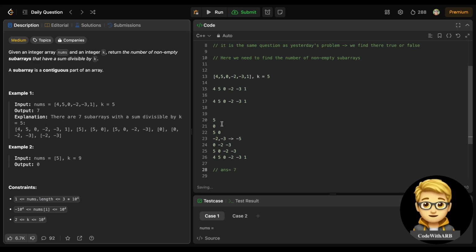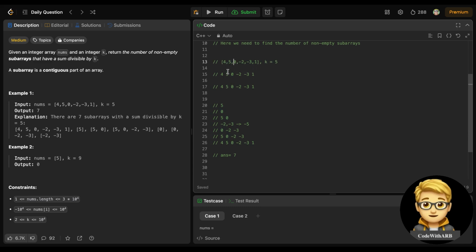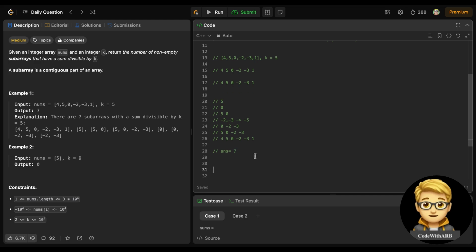If you have solved the previous problem, the question now is how we will determine how many subarrays there are.